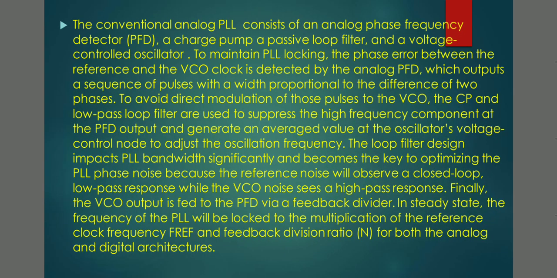The conventional analog PLL consists of an analog phase frequency detector, a charge pump, a passive loop filter, and a voltage controlled oscillator. To maintain PLL locking, the phase error between the reference and the VCO clock is detected by the analog PFD, which outputs a sequence of pulses with a width proportional to the difference of the two phases.